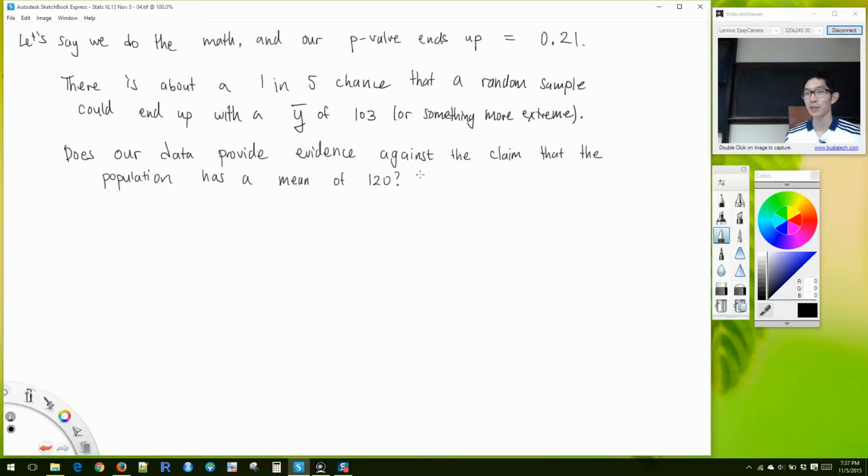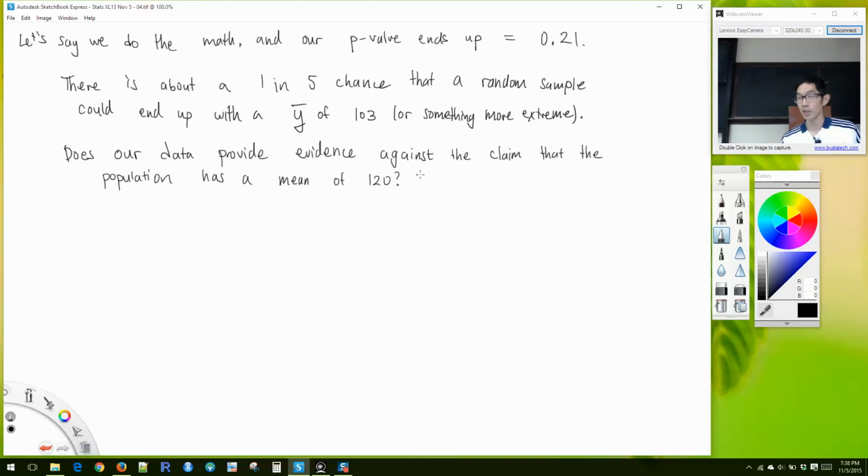So what are we thinking? Our sample has a mean of 103. Someone claims that the population has a mean of 120. So we say, well, let's assume the population has a mean of 120. What's the probability that random samples from a population with mean 120 produce a random sample with a mean of 103?